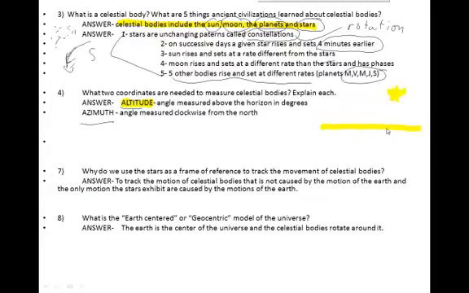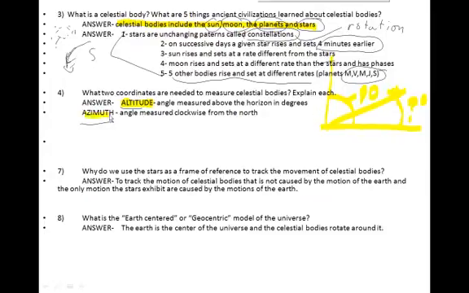If we wanted to describe its altitude from the horizon, that's 0 degrees, we would go how many degrees up? So whatever this angle is, that would be our altitude. It can be a maximum of 90 degrees. And then that's it. It can't be 91 degrees because we would just change direction.